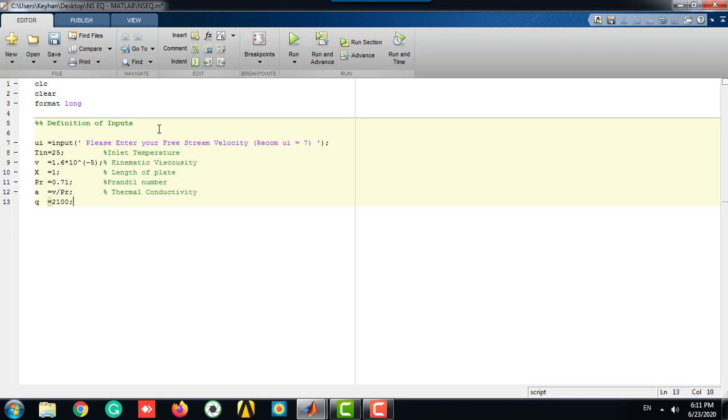The constant heat flux, Q, equals 2100. Next, we define the Reynolds number, as is obvious, UI multiplied by X divided by nu. K is the thermal conductivity of the plate, which has been assumed to be 0.0255, related to aluminium.